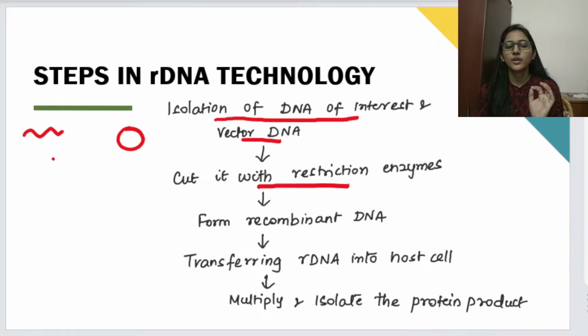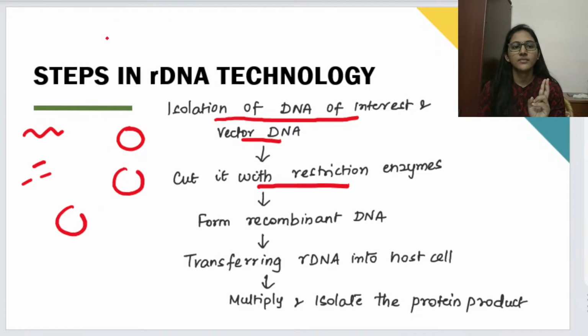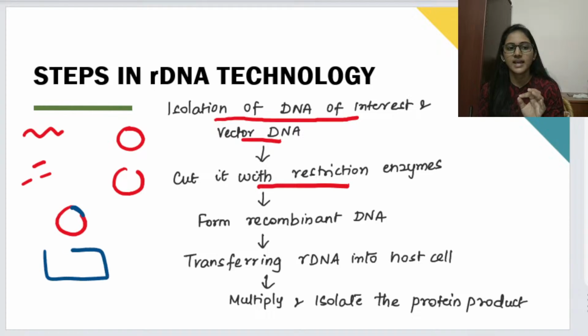I subject these to a restriction endonuclease, wherein I get fragments of the gene of interest, and the vector also gets cut at a specific site. Now I form a recombinant DNA in which I have the vector with the gene of interest. Now I will introduce it into a host cell and allow it to multiply. So I will get protein products out of it.